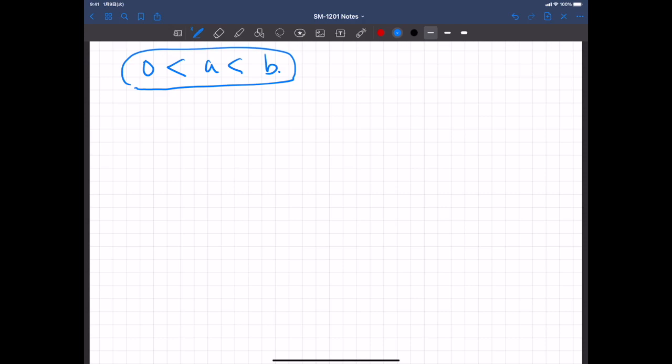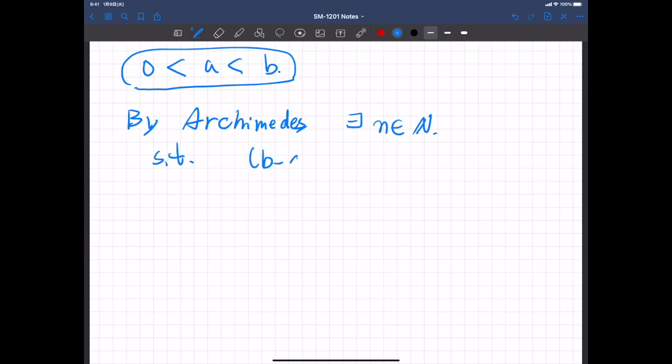Okay, so by Archimedes, to begin with, we can find a natural number n such that (b minus a) n is greater than 1. Right?